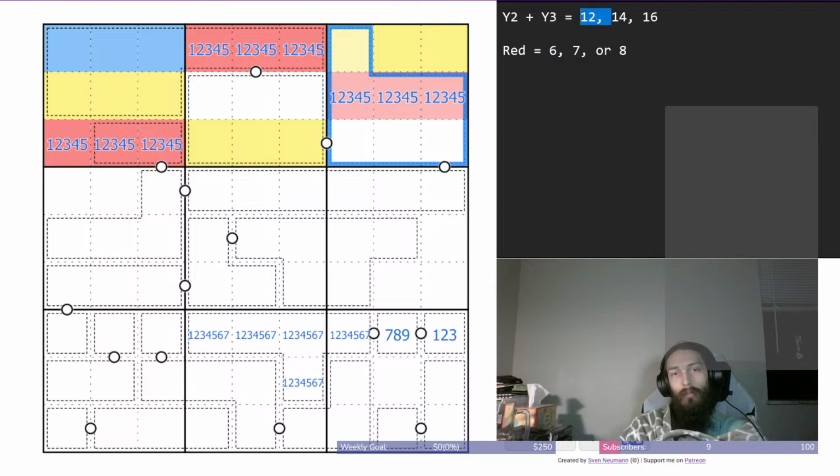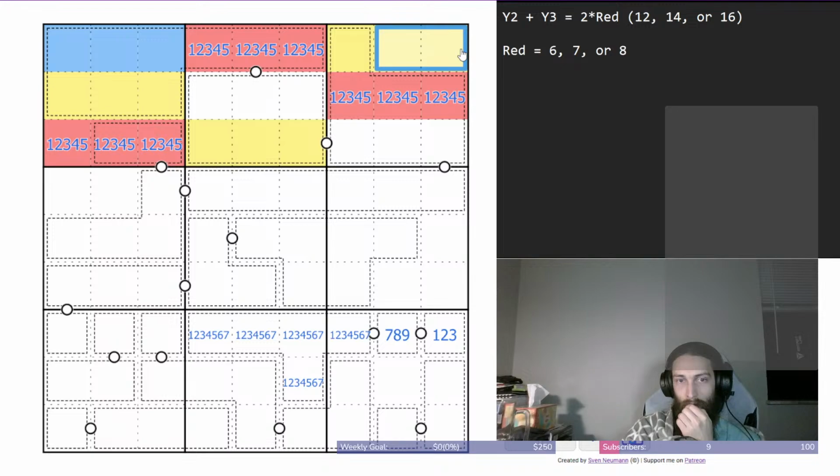Wait, I'm confused. If red is equal to 6, then the 3 that make up 6 are 1, 2, and 3, right? And since y2 plus y3 is equal to red, which in this case is 6, the two ways of making 6 in 2 is either 1, 5 or 2, 4, and you cannot do that with the 1, 2, and 3. Yeah, but it's twice red.